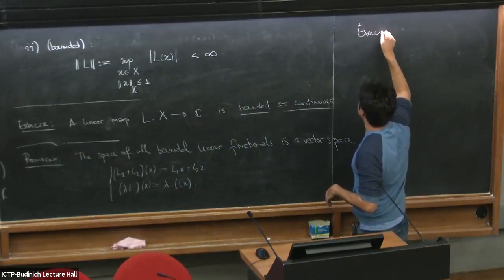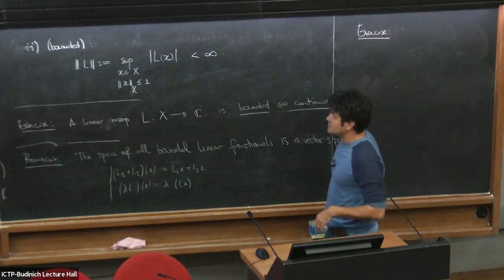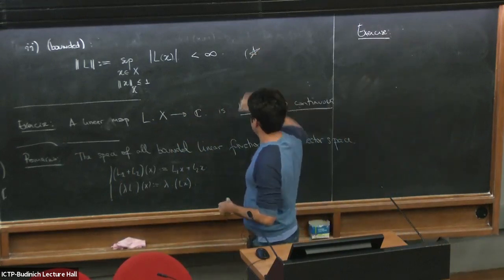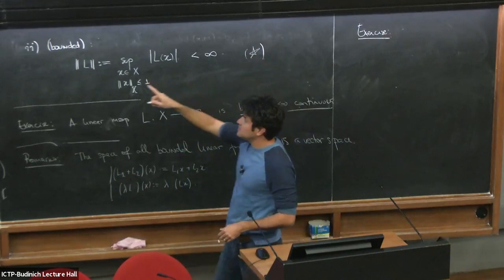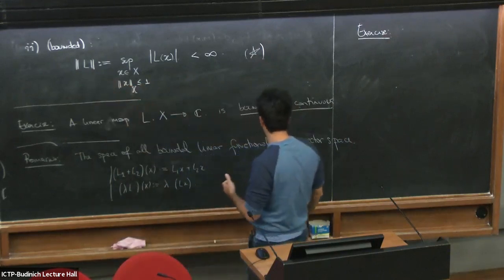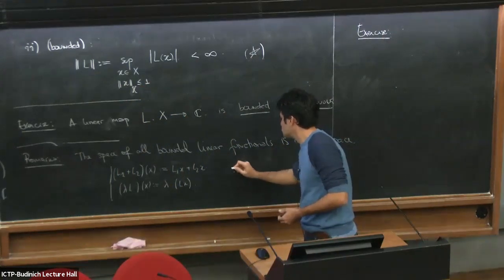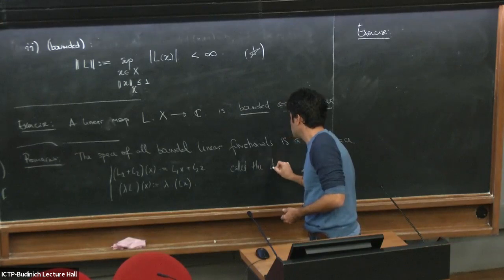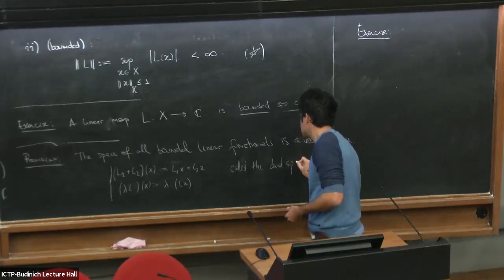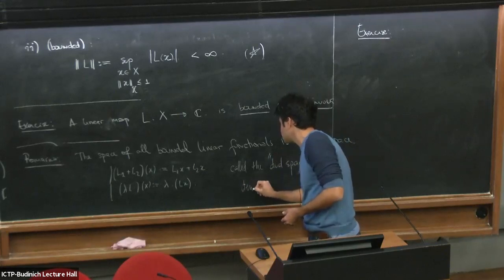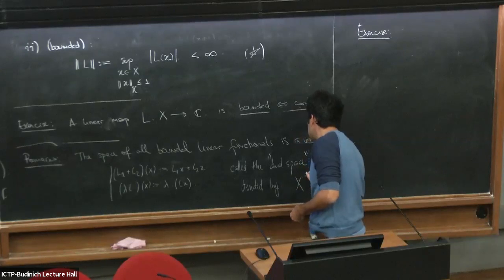Another exercise for you to do. This vector space we usually call the dual space, and denote by X star.